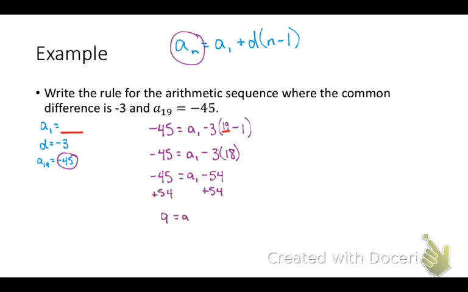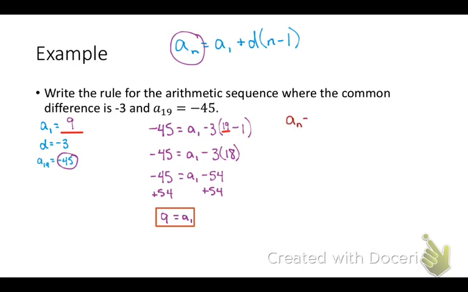So my first term is 1. Or excuse me, my first term is 9. My fault, I saw the 1. And now I go right back to where I did before. I go with my rule. So go back to the original.